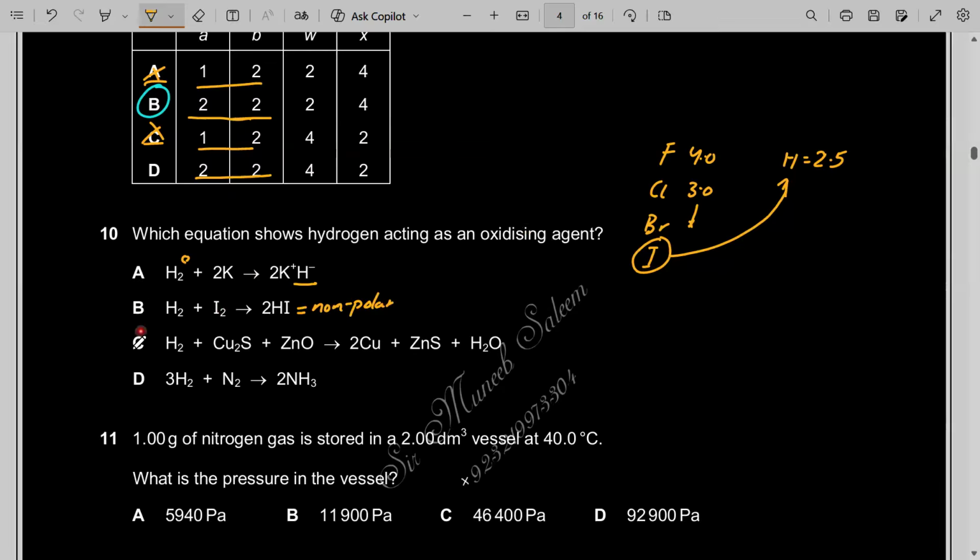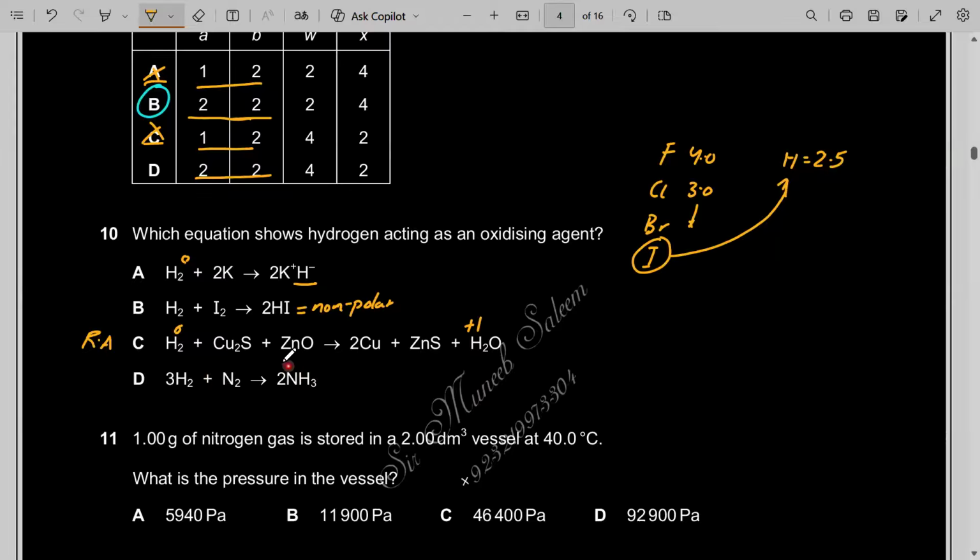Then about the C option, hydrogen has a +1 state in the water. For one hydrogen atom, it is +1, and it is 0 on the reactant side. So it is getting oxidized. It means hydrogen becomes the reducing agent in the C option. In the D option, it's the same thing.